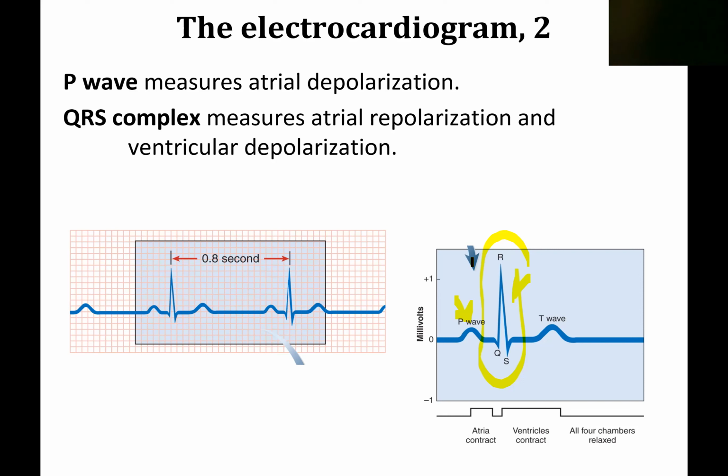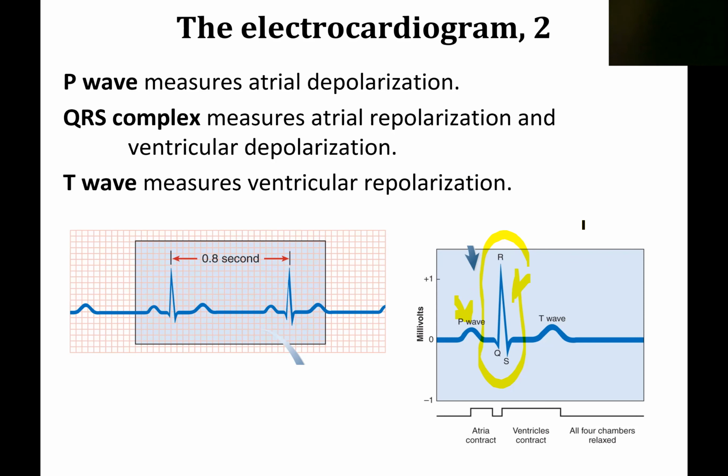So the one you're going to see most is the ventricular depolarization. Lastly, you have the T wave that measures ventricular repolarization. So all three of these equal one complete heartbeat.